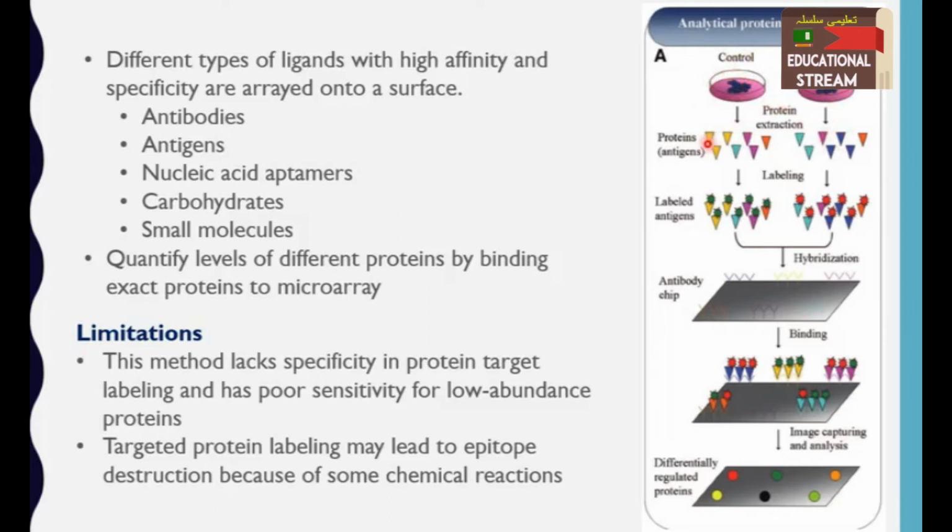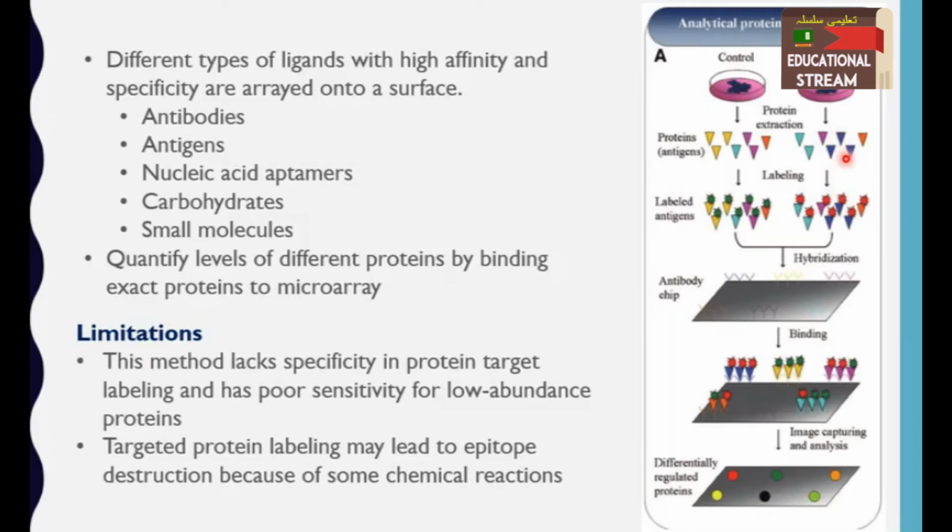We have extracted the protein from both of these cells, as we know that there are different kinds of proteins. These different kinds of proteins are shown in different colors over here. Then we have done the labeling of these proteins. The control proteins are labeled with green color dye or green fluorophore, and the sample proteins are labeled with red color dye or red fluorophore.